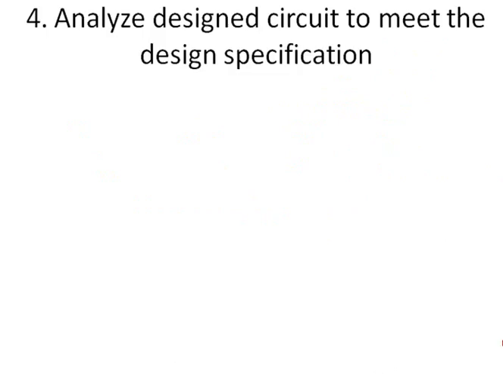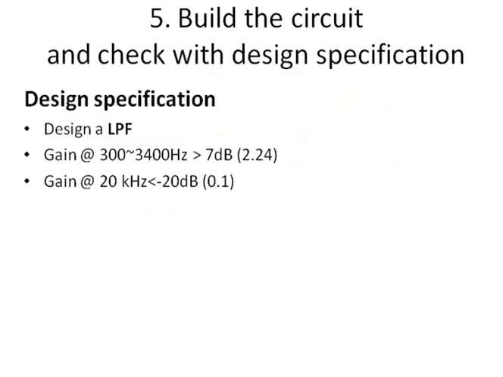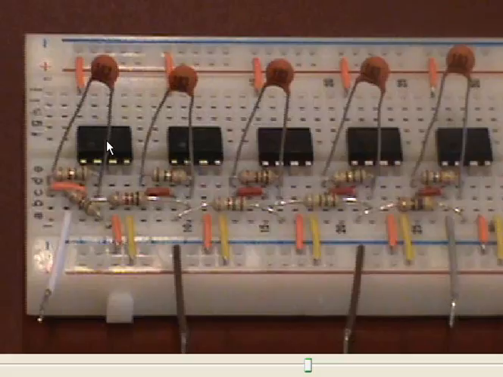So here we just designed the circuit. I'm going to skip this step to analyze the designed circuit theoretically. So the next part, we need to build the circuit and check with design specification. Here's our circuit. We have 5 op-amps and 5 capacitors in the circuit.